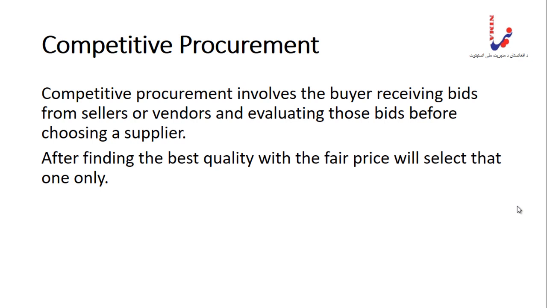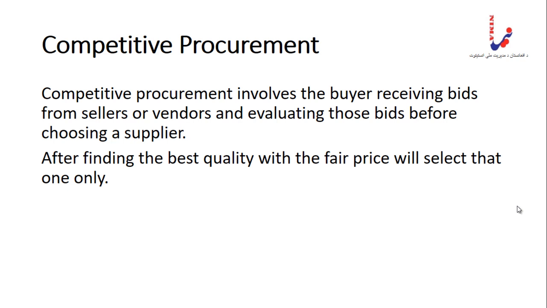What is the definition of the competitive procurement method? As we already said in the second lecture, one of the principles of procurement is that it should be competitive, or we can say transparent.